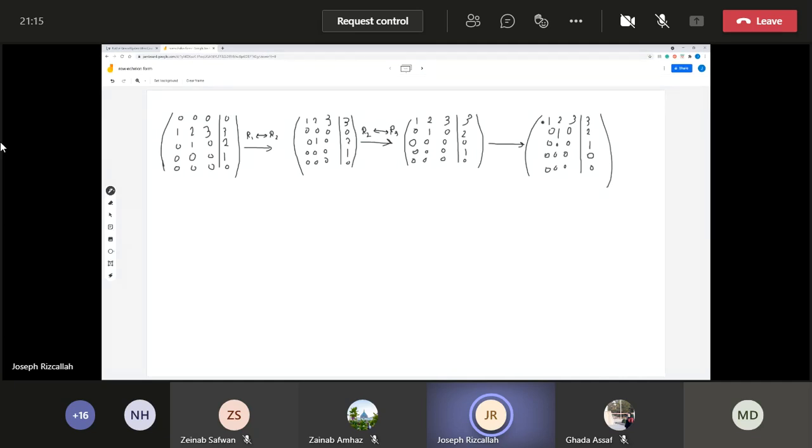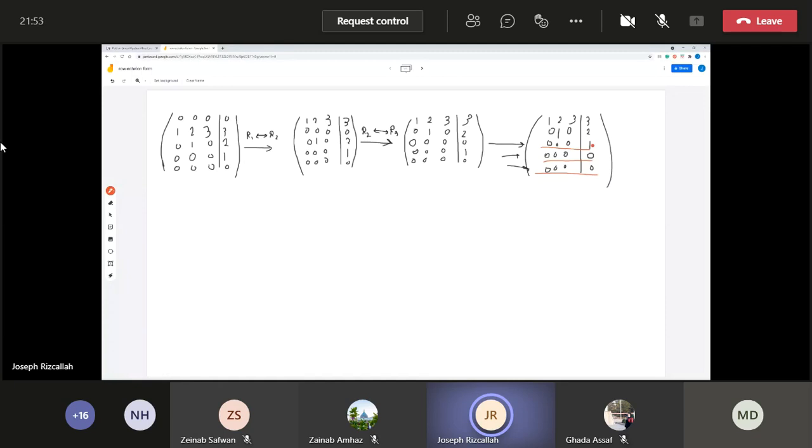So is our matrix in row echelon form? To be in row echelon form, every leading entry in every row has to appear to the right of the leading entry in the row above. Here, these two rows have no leading entries. Let me underline them in red. This row has its leading entry in the rightmost position, so you can't do anything about this one.